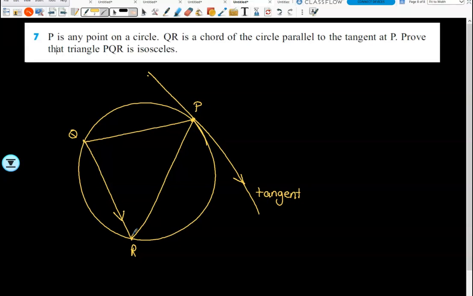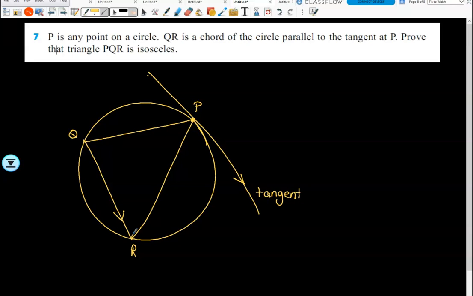Okay? Now we just have to prove that the triangle is isosceles. So what did we talk about before? You can either prove that 2 lengths are the same, or you can prove that 2 angles are. By the way, 2 things we see here. I see the parallel lines. What else do we see? Tangent chord theorem.